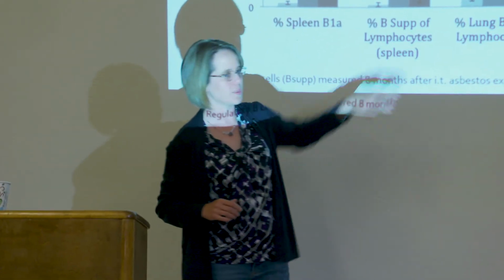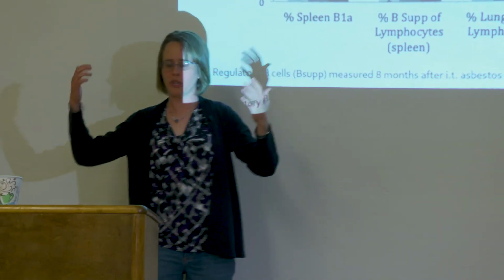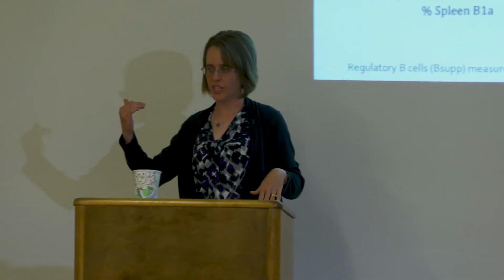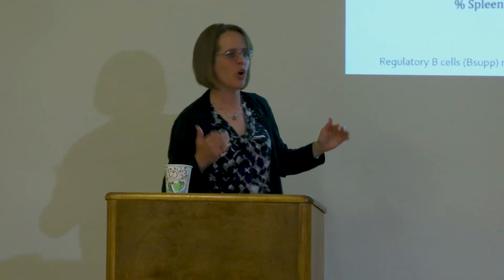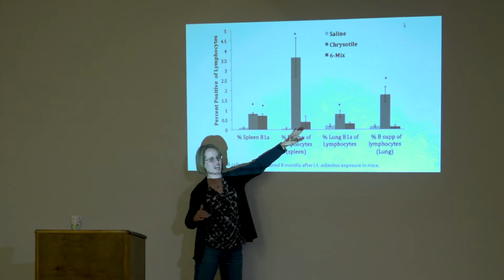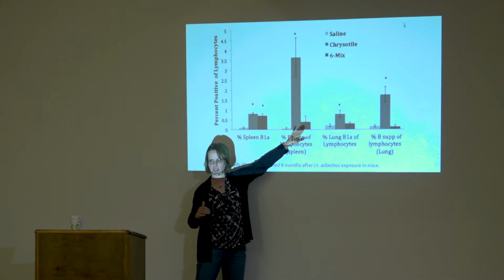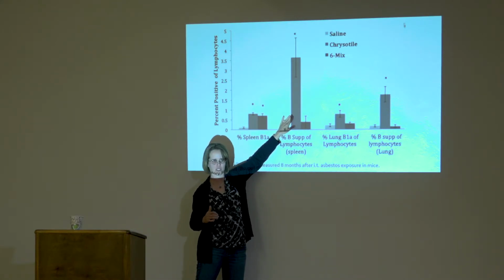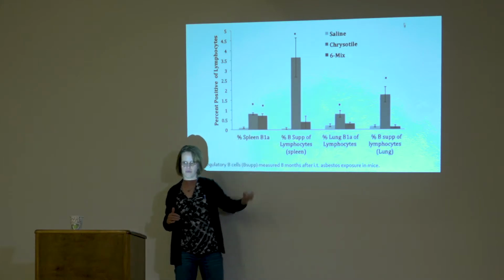With saline and Libby amphibole, we don't see those B regulatory cells elevated. So basically, we don't have a suppressive response with Libby amphibole. We do have a suppressive response with chrysotile.